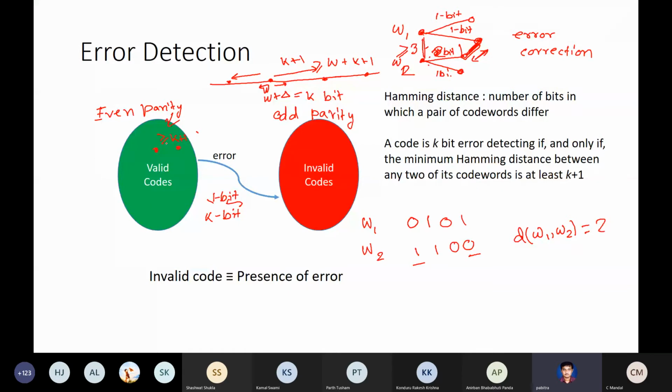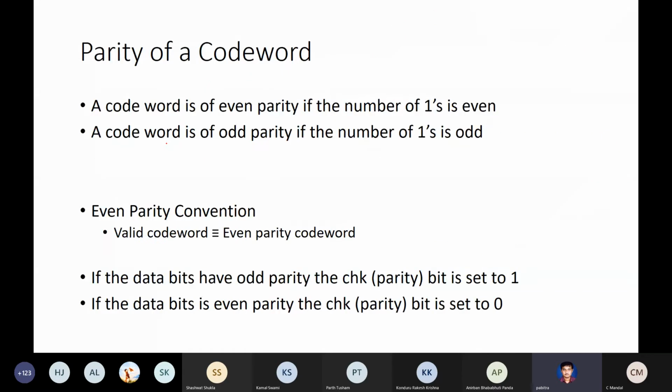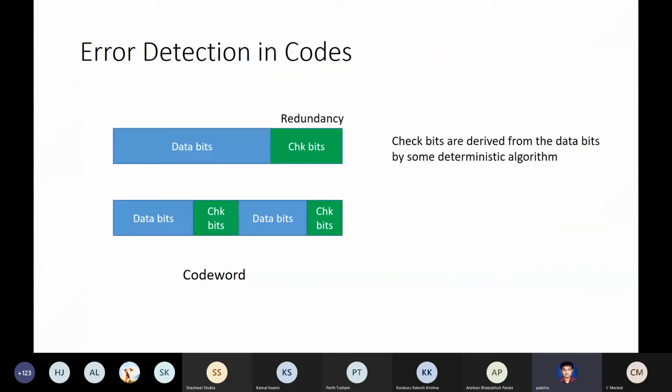Now naturally the question is, the data bits may have either even parity or odd parity. They can be anything. So what you do is set your check bits, in this case one single check bit for 1 bit error detection, in such a way that whatever the parity of the data bits, even or odd, your check bits are controlled by a deterministic algorithm so that the total code word always has even parity for a valid code.